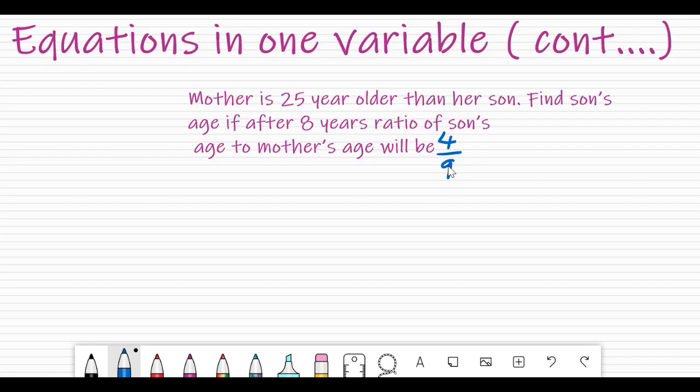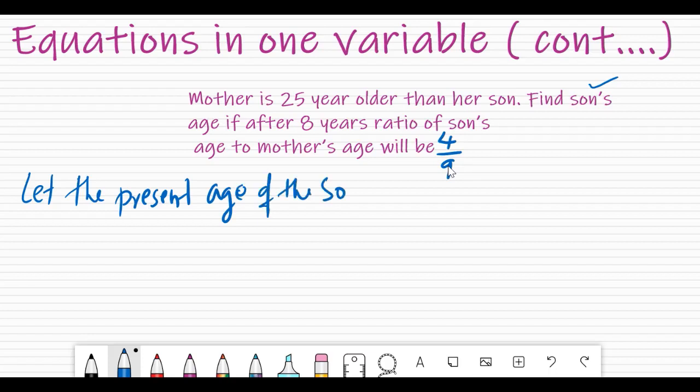In this case we are asked to find son's age, correct? We are asked to find out son's age, the present age of son. So we will simply write, let the present age of the son be x years. This is our technique or method.